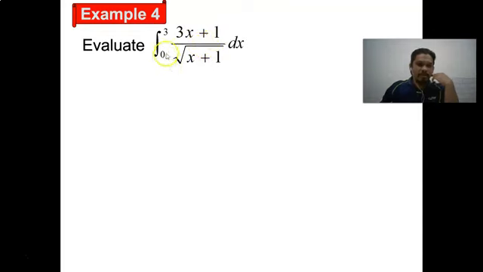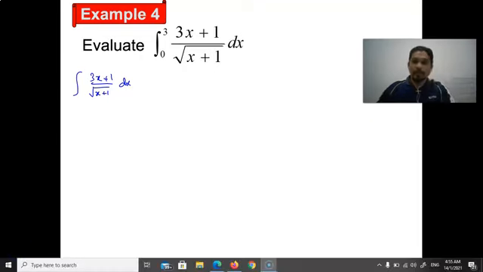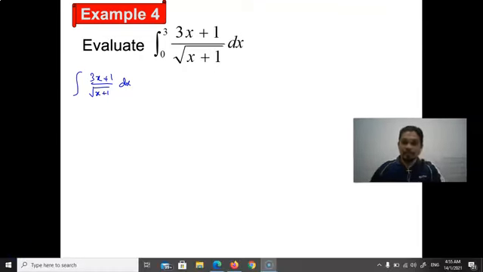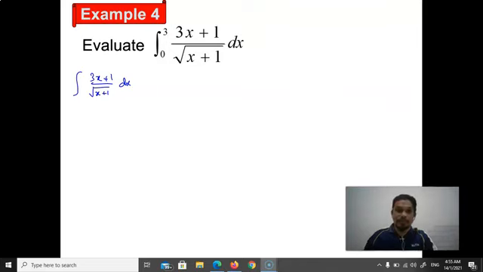Let's solve this first: the integral of 3x plus 1 divided by square root of x plus 1 dx. For this question, we are going to use the substitution method. Since we have x plus 1, we compare it with 3x plus 1.